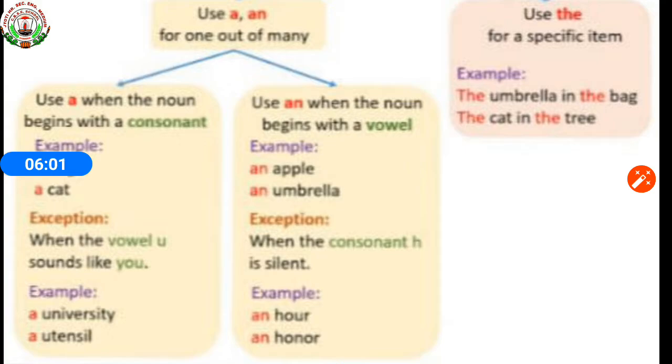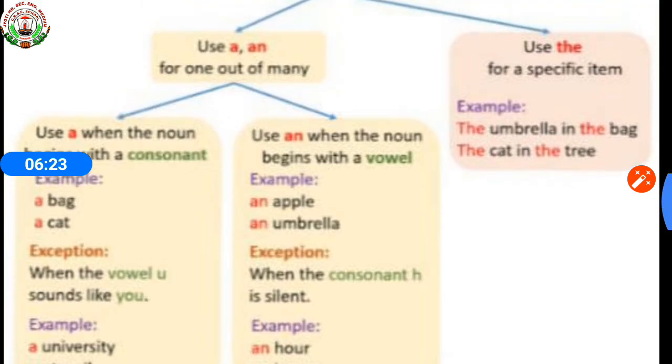Means the indefinite article only appears with singular nouns which begin with a consonant sound. That are B, C, D, F, G, H, K, L, M, N, P, Q, R, S, T, V, W, X, Y, Z. For example, a bag, a cat, a pen, like that.